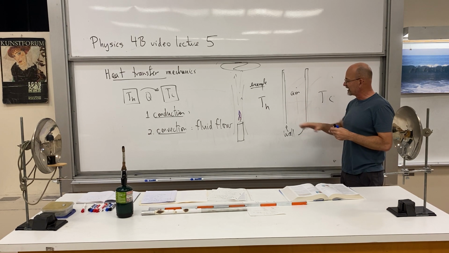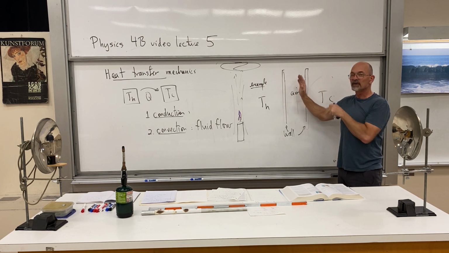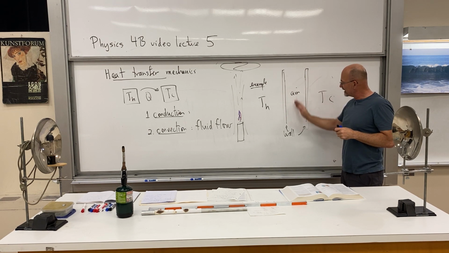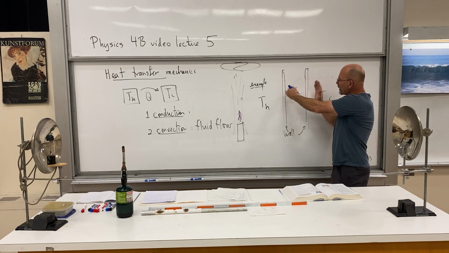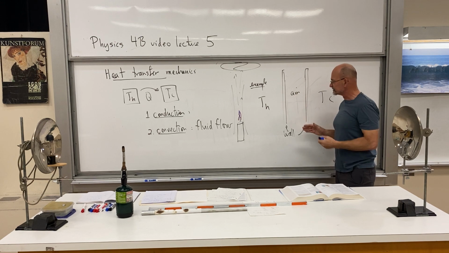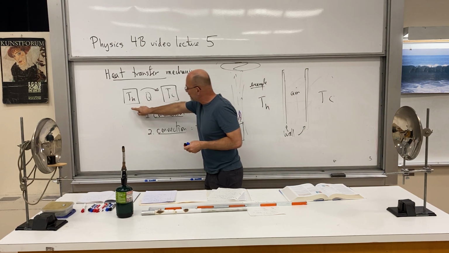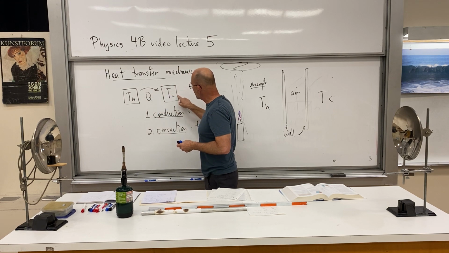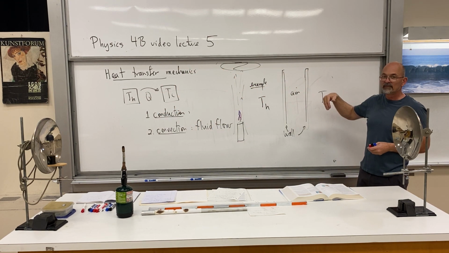But if you've seen any construction before, you may know that they actually stuff fiberglass insulation between the wall. You may have wondered why. Don't I have a nice air gap here that's going to insulate? What's going to happen though, you've got higher temperature, lower temperature, the heat's trying to flow through this wall.